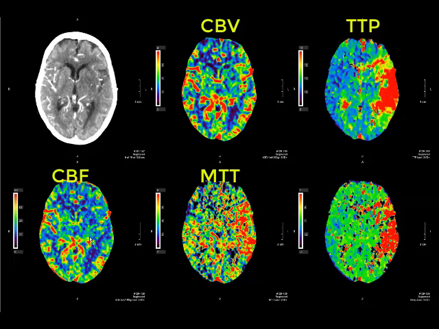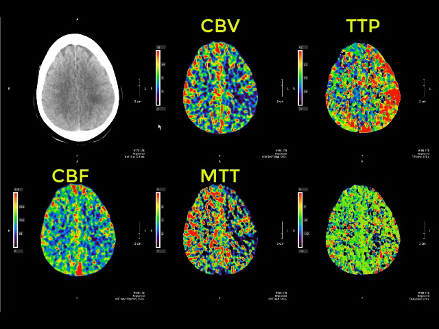Cerebral blood flow is decreased in that area, and cerebral blood volume is mostly symmetric, except for a few areas where there is decreased cerebral blood volume, notably in the left putamen and around the caudate corona radiata. So this corresponds to an area of smaller infarct with a large penumbra in the distribution of the left MCA.